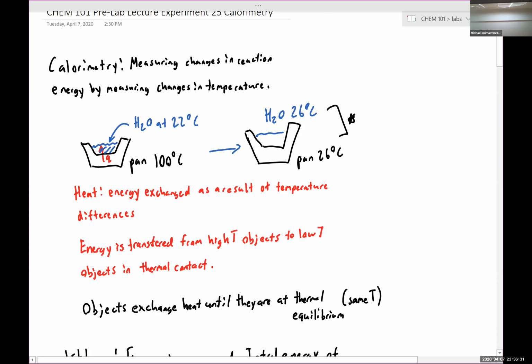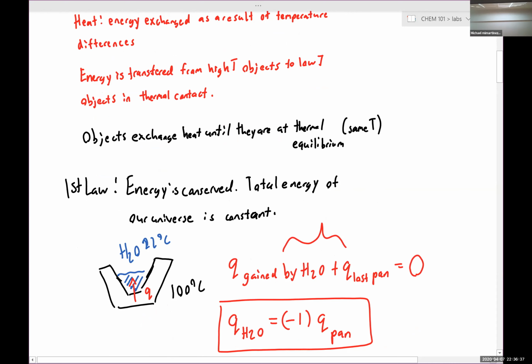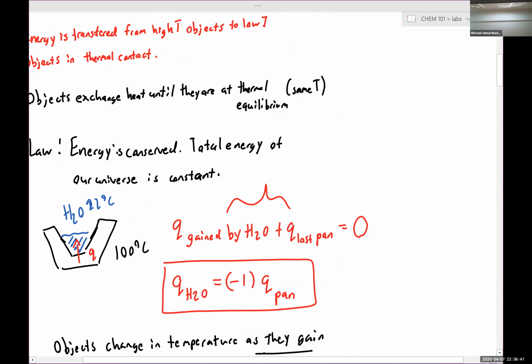They will exchange heat until they're at the same temperature. We know from the first law of thermodynamics, energy is conserved. Any heat gained by our water is lost by our metal. So we can relate the heat absorbed by our water and the heat lost by our metal.